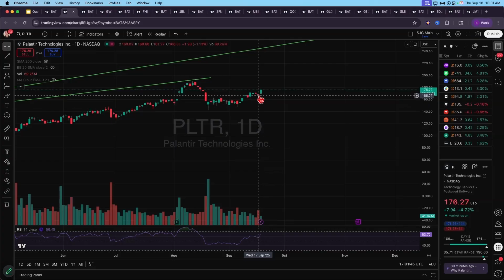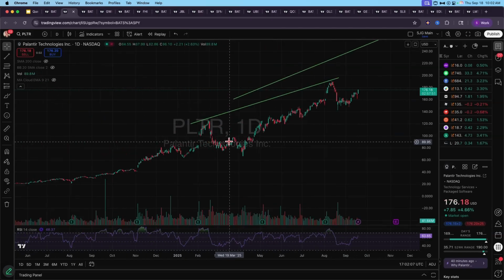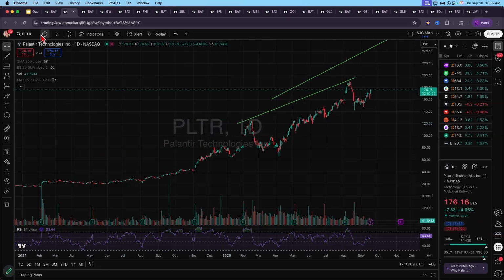The hammer pattern means that it opened, it ran quite a bit lower during the day, but then buyers came in and drove that price all the way back almost to the top. So that's telling me there was strength there. There were buyers coming in on that day, which is a good sign, obviously, if I'm looking to be long Palantir.